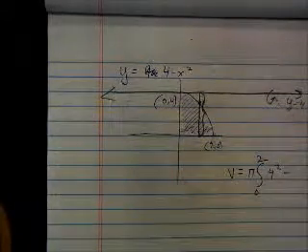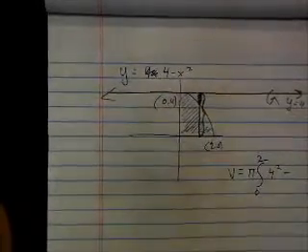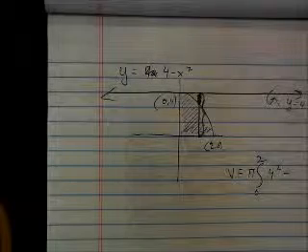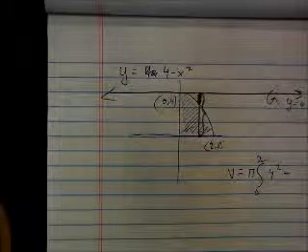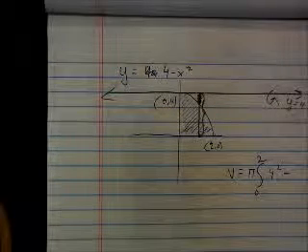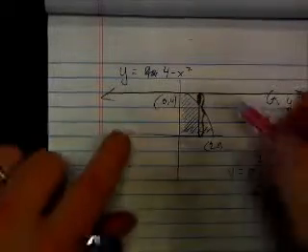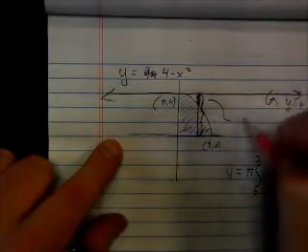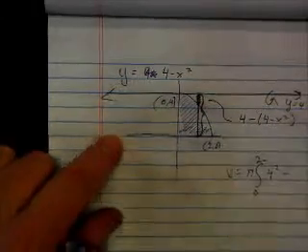Minus, we need to cut out that little bit right there. How long is that little bit right there? 4 squared, 4 minus x squared. That length right there is the top, which is 4, minus the bottom, 4 minus x squared.